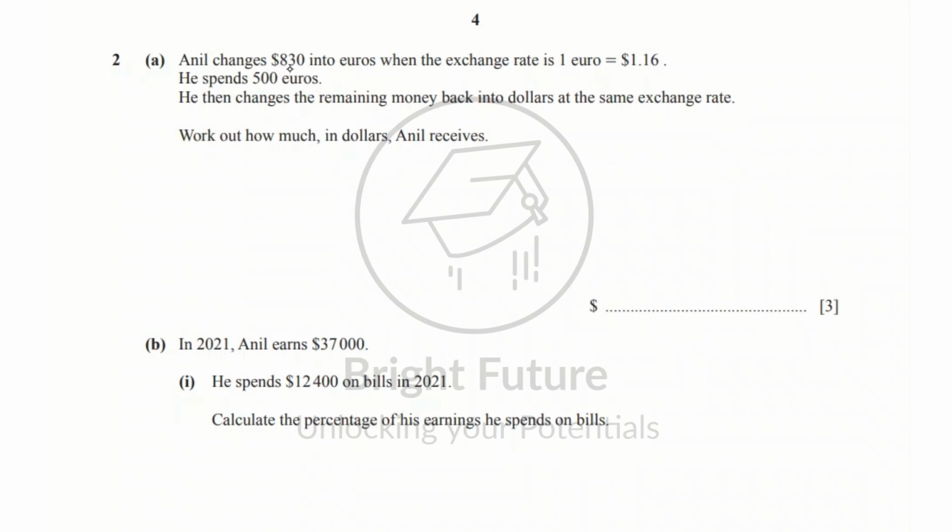So firstly we'll have to convert dollars into euros. Then out of that value we subtract 500 in a second step, and then the value that is left is again converted into dollars at the same rate. So that will become a third step.